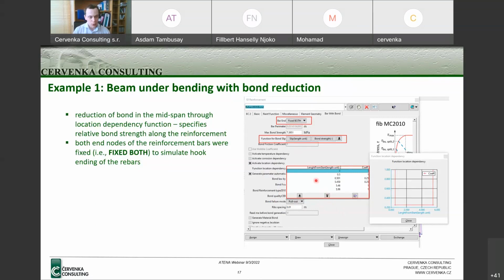And through the location dependency function, the bond was reduced in the midspan. The total length of the beam was 6 meters, and for the 5 meters in the midspan, the bond was reduced.